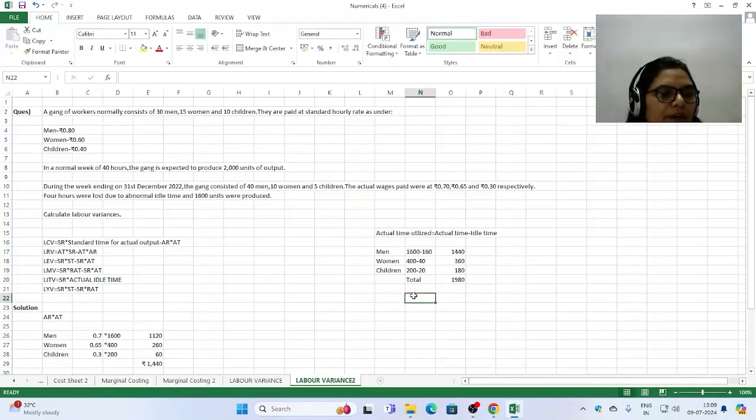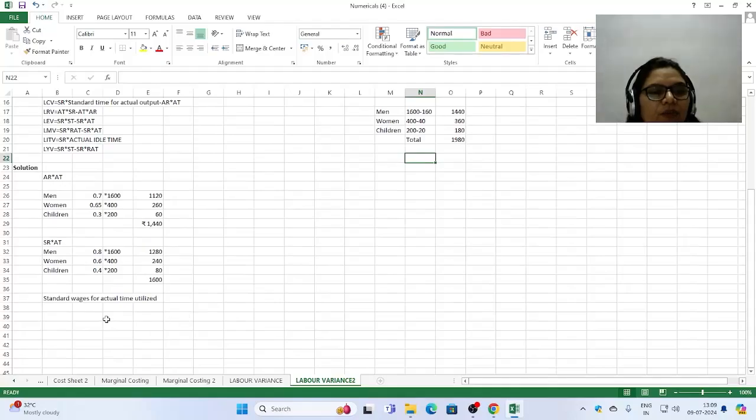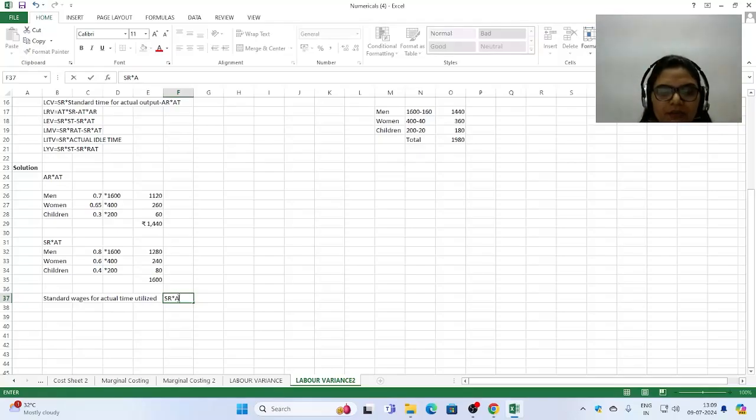We all now have understood this. So in this particular calculation, the formula will be SR into actual time utilized.